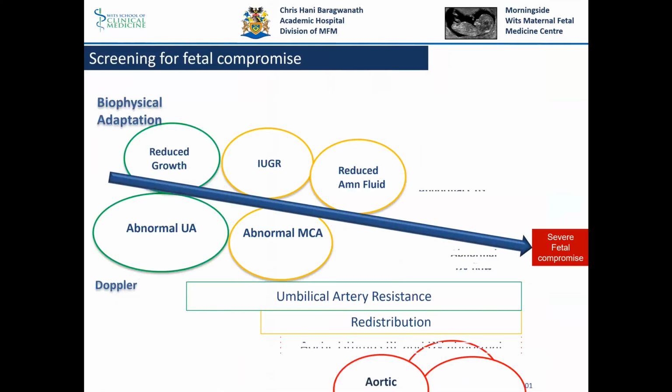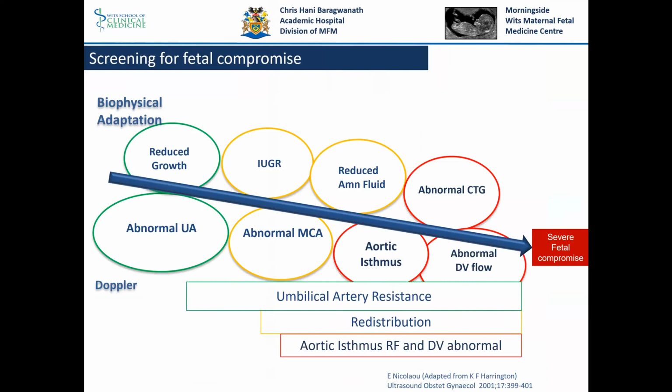So we need to understand how the fetus reacts to the undernourishment from the placenta. Initially, the fetus will reduce its growth, but will still be within the normal ranges. Eventually, at some point, the growth will cross the line of the 10th percentile, and we will call it intrauterine growth restriction.